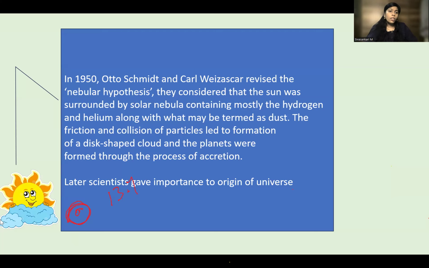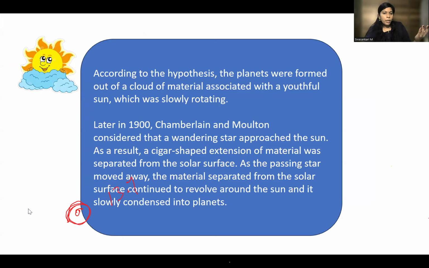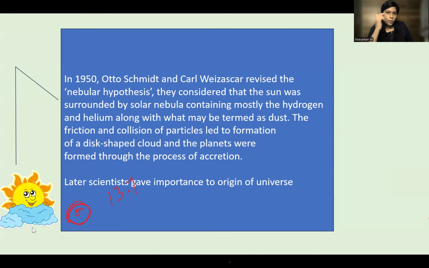In the nebular hypothesis, there were a lot of predictions, but the main one was that from the sun, a solar cloud got segregated and started revolving around the sun. We missed one point in the book: in 1950 it was revised that the sun was surrounded by a solar nebula.